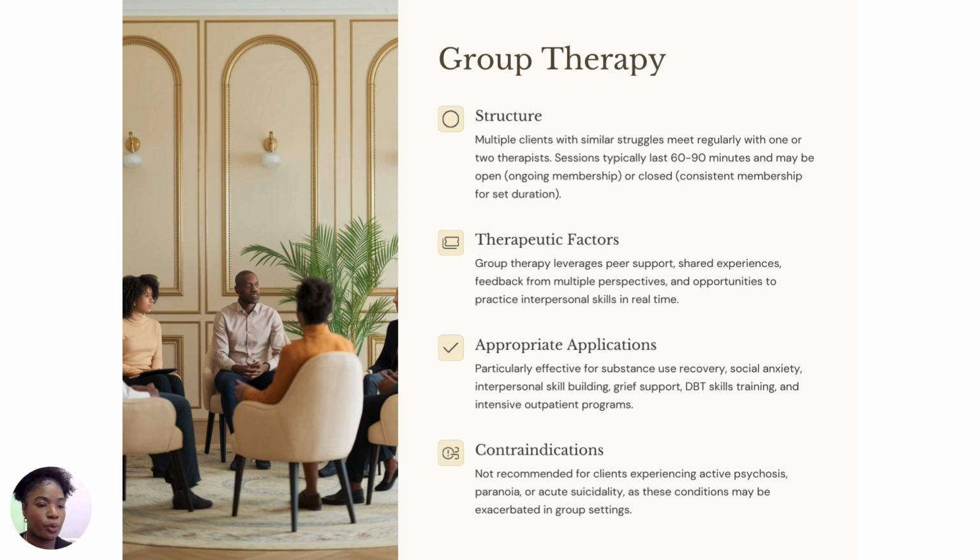And it is appropriate for individuals who are recovering from substance use, social anxiety, or interpersonal skills, grief support, and intensive outpatient programs use group therapy a lot. It is not recommended for clients experiencing active psychosis, paranoia, or suicide, as these conditions may exacerbate in group settings.